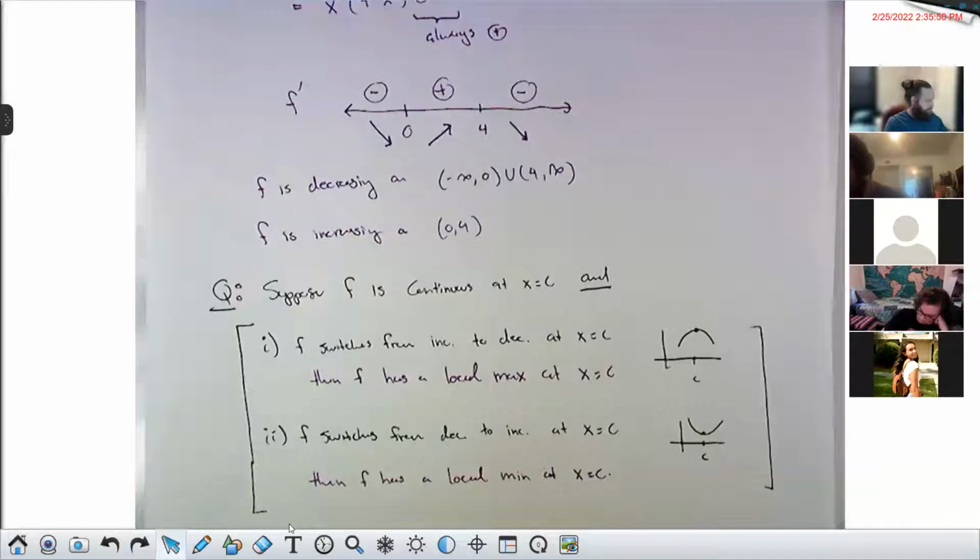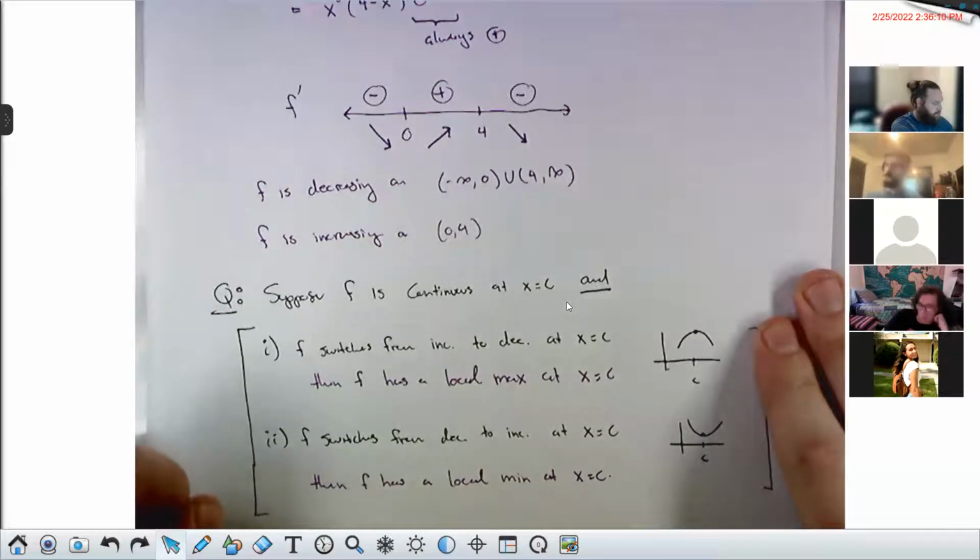Sorry about that. So yeah, this is called the first derivative test. We do require this hypothesis that the function be continuous because it is possible to switch from increasing to decreasing without rolling through a max. It is possible to switch from decreasing to increasing without rolling through a min.